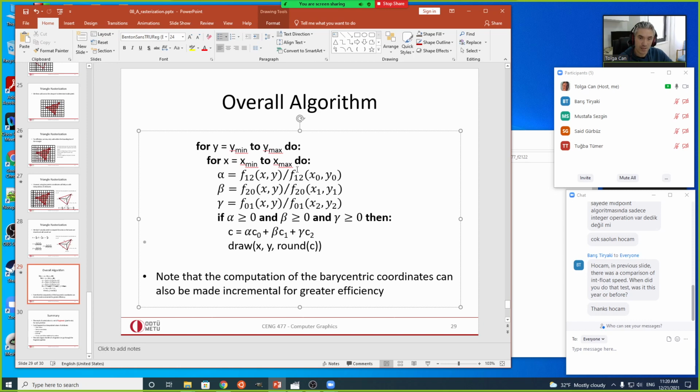You need to think about two things: while you're on the same horizontal line, how your alpha, beta, gamma values change, and when you increment y to get to the next horizontal line, which may be above, how your initial value at the beginning of that line changes. You need to think about these things, but for the assignment, you don't need to implement this more efficient one.